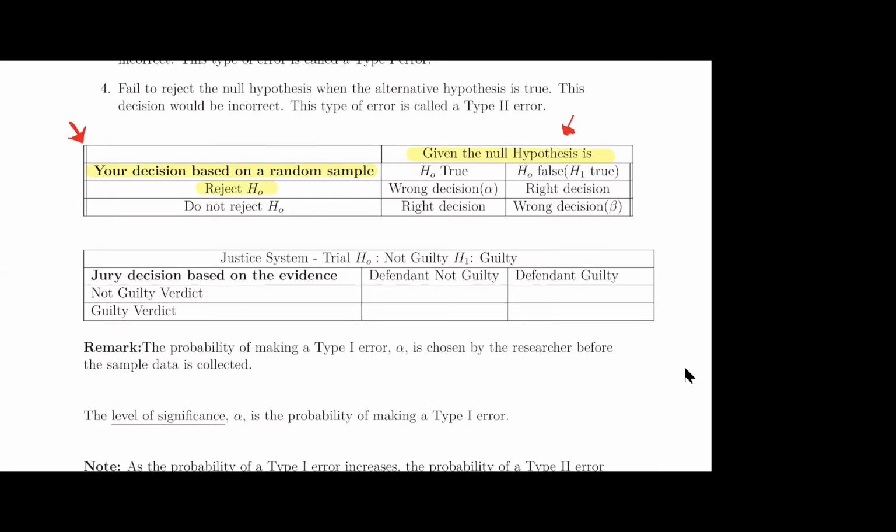When we say reject the null hypothesis, we're saying the null hypothesis is not true and the alternative hypothesis is actually true. And when we say do not reject the null hypothesis, that just means the null hypothesis is true. So here we'll say H1 true. We'll say H0 true.